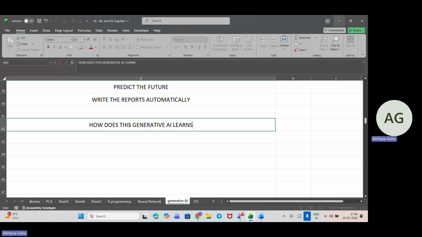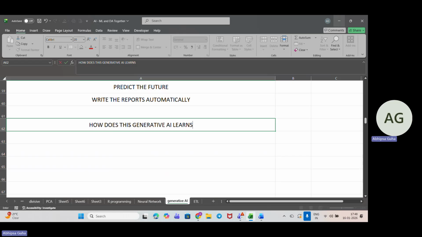Coming down to it, AI looks at increasing sales, decreasing sales, or sales remaining constant. The AI logic is that if the numbers are going up, the pattern is increasing, meaning growth.